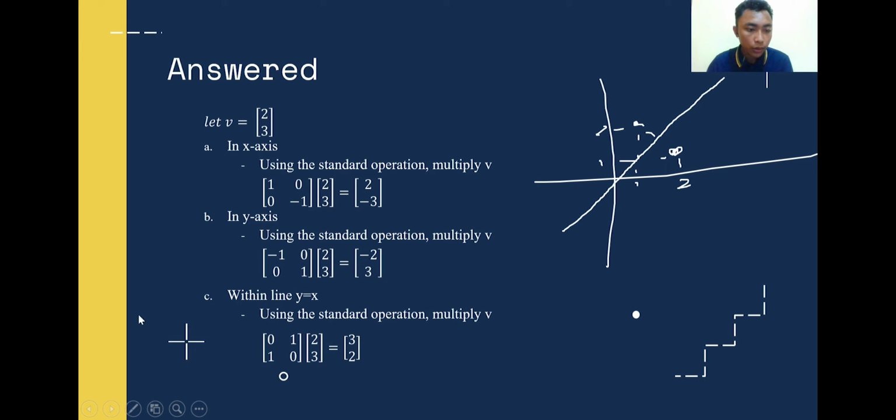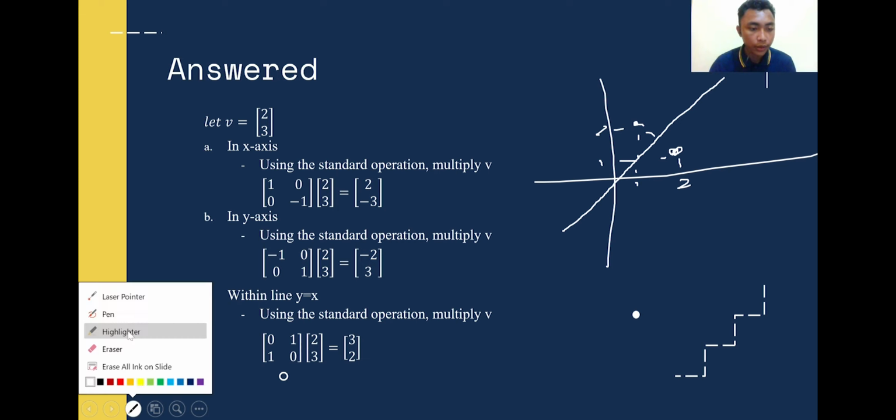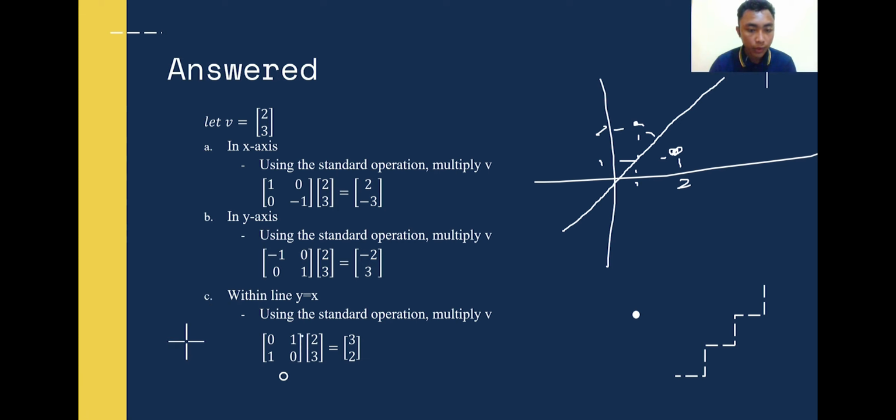So why is the formula 0, 1, 1, 0? To swap the values x and y in this matrix. As we can see, this is the original coordinate and this is the result from the reflection. We can see the coordinate in y will be swapped to x and the coordinate in x will be swapped to y.